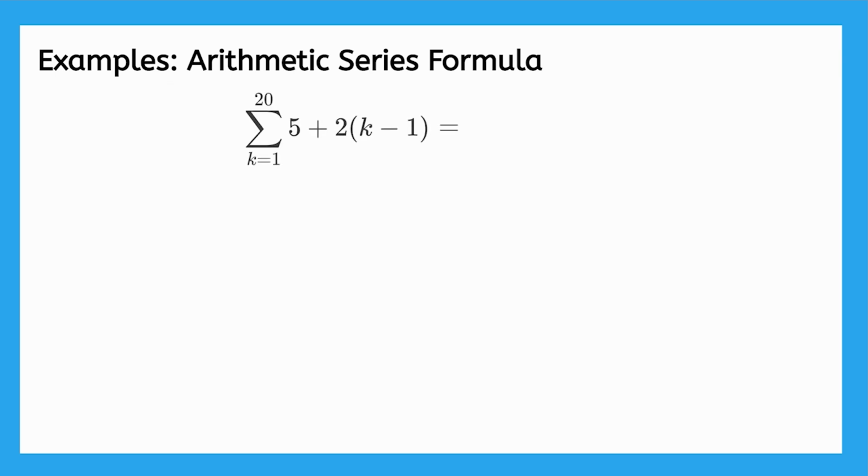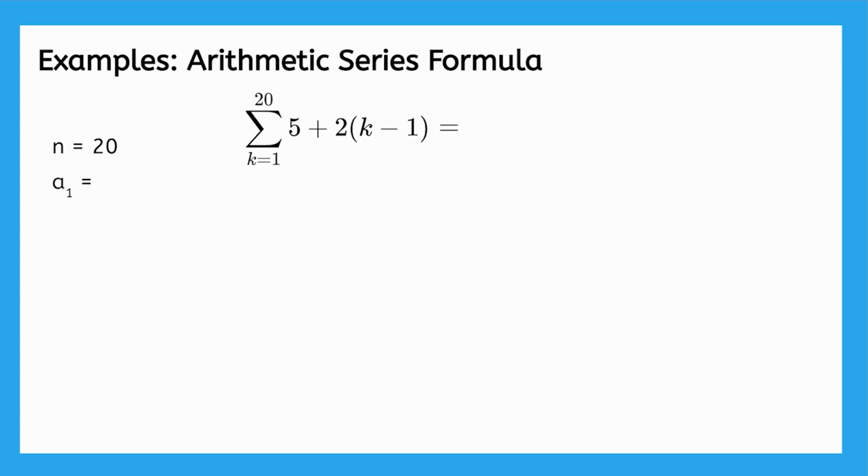Let's check your answers and see how you did. In order to use the arithmetic series formula, we need to know the number of terms, first term, and last term. The number of terms in this series depends on the lower and upper limits. If we start at term 1 and keep going until term 20, that's 20 terms. We can also find the first term in the series easily.